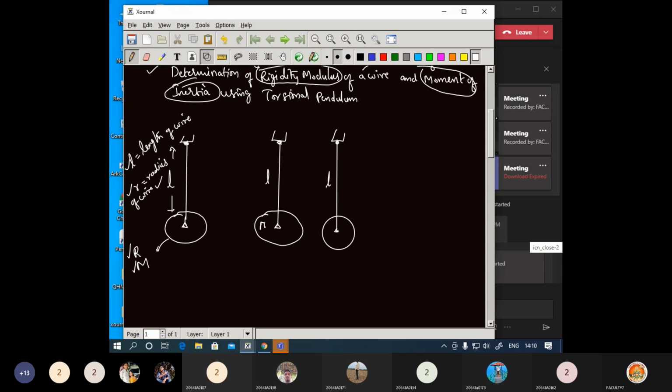So let me do one thing. Try to identify in the second diagram. This is the center of the disk. Now you draw a straight line. You are going to get a diameter here. First, you need to identify that there is a line.